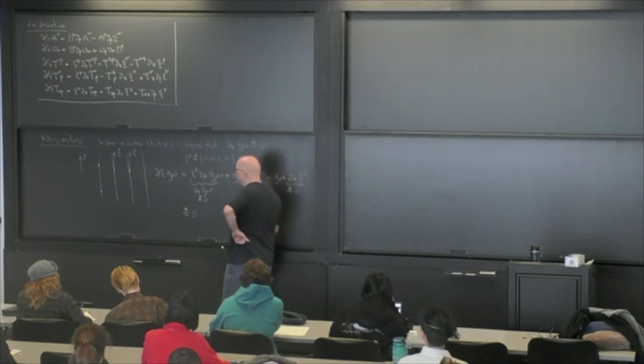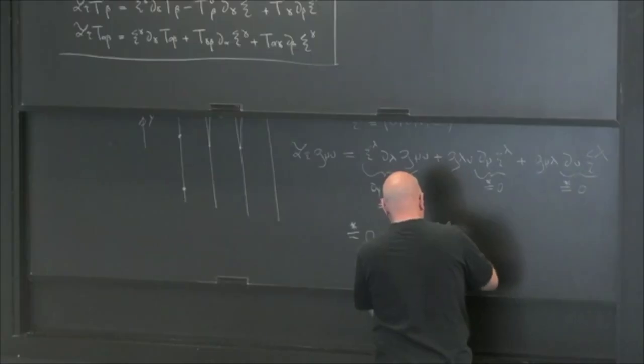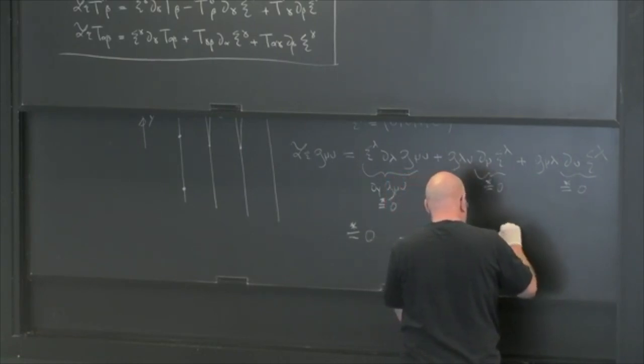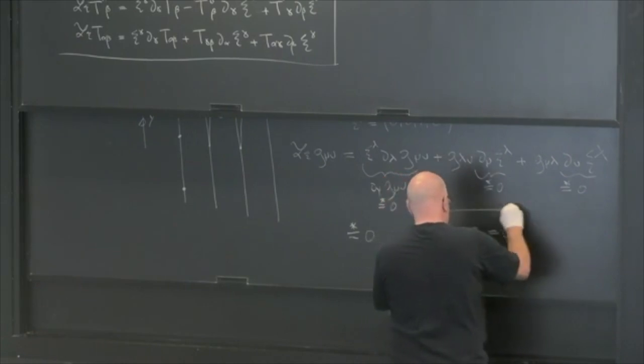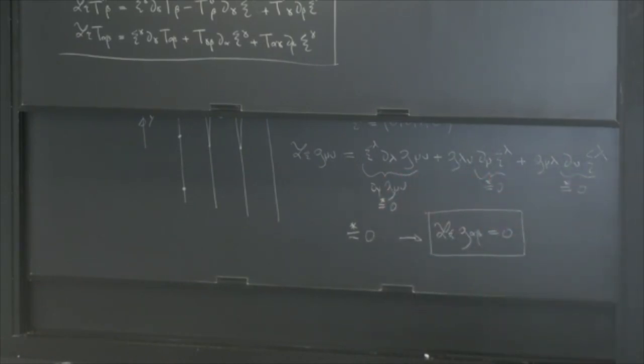So the big conclusion here is a statement that says that in any coordinate system, so now it's no longer a statement that we make with the help of a very specific coordinate system, in all coordinate systems, we can say that the Lie derivative of the metric with respect to that vector field that we defined, the vector field is there whether or not we use the y coordinate to describe it.